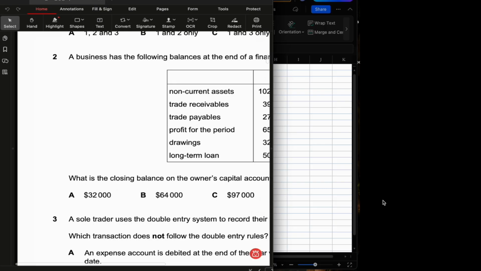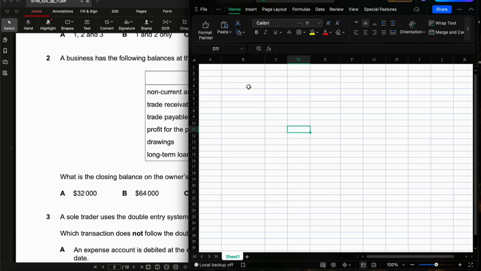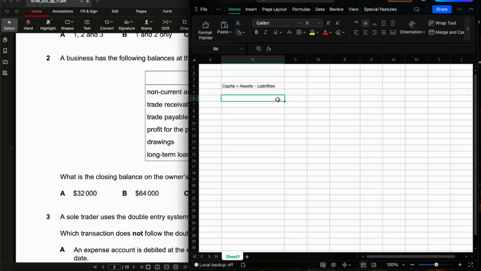So if you remember, capital is assets minus liabilities. Now, if you have the balances of assets and liabilities in the beginning of the year, then you get the capital of the beginning of the year.